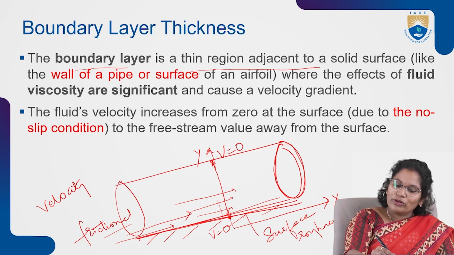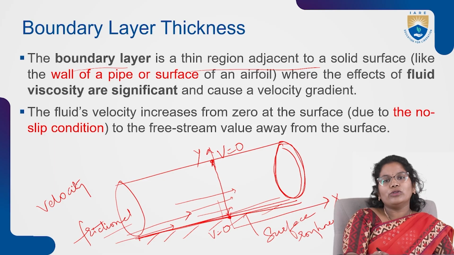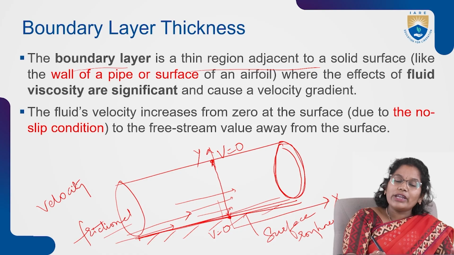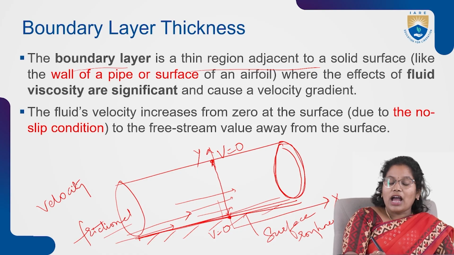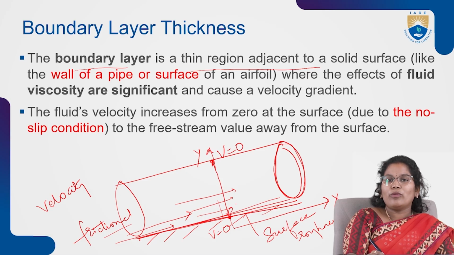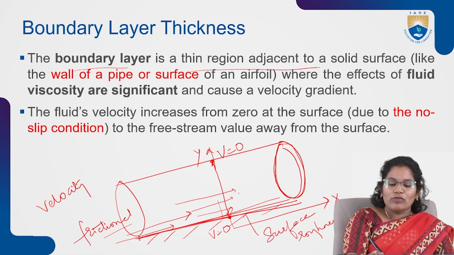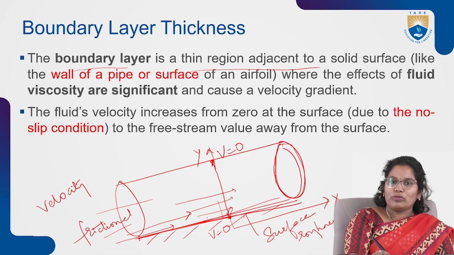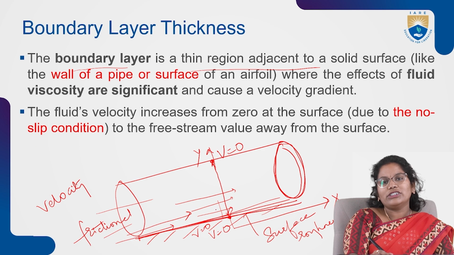I'm talking about 2D here, only the y and x direction. When you take this cross section, at the boundaries you see velocity is zero, right? As you are moving away from the boundary, you see an increment in the velocity, that is an increment in flow. The flow at the boundary is not moving, that means the velocity is zero.